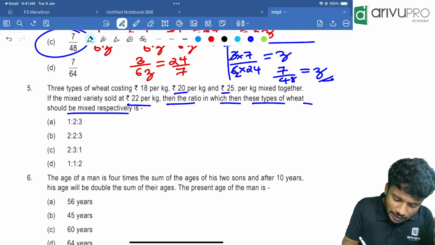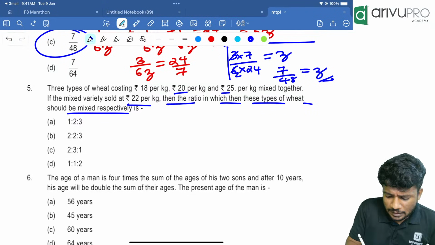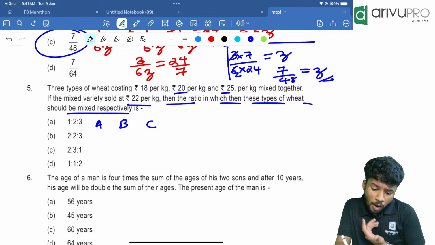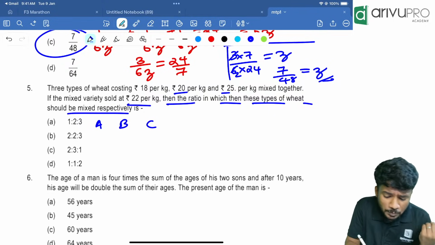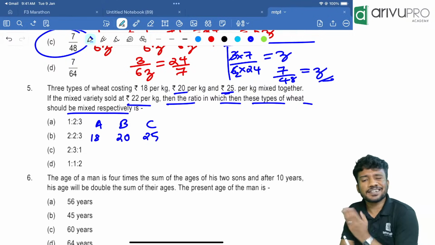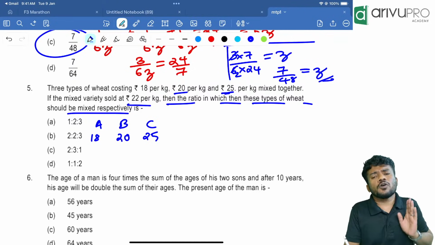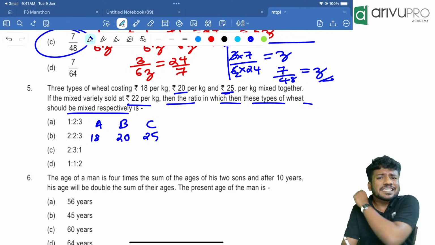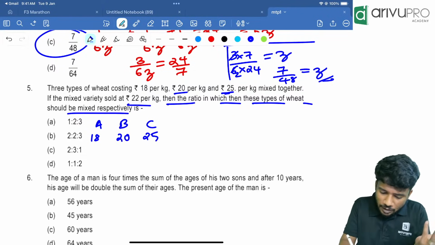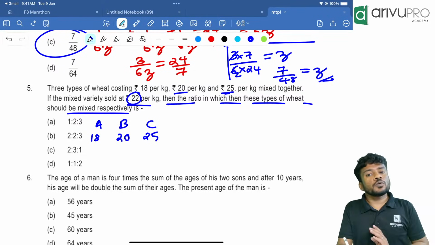Okay, fine. This question. So, how many varieties are there? A is there, B is there, then C is there. Now, what is the price of A if you ask me? That is 18. Then B is how much? 20. And C is how much? 25. These are the price ranges given in the question. Now people, we are mixing all of this together and the mixture is having a value of 22 per kg.